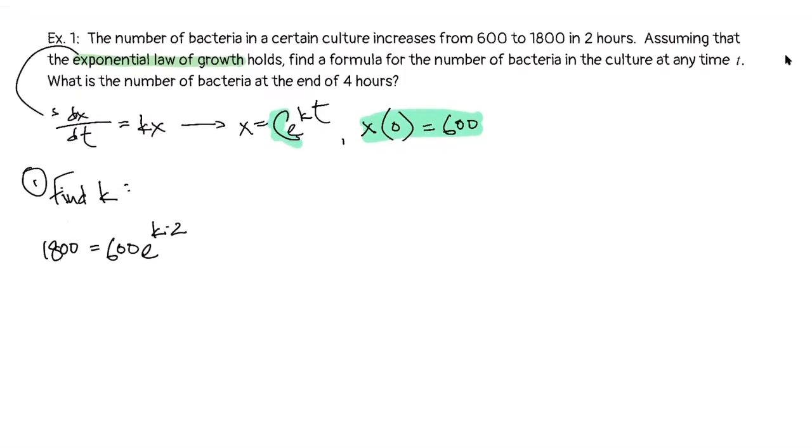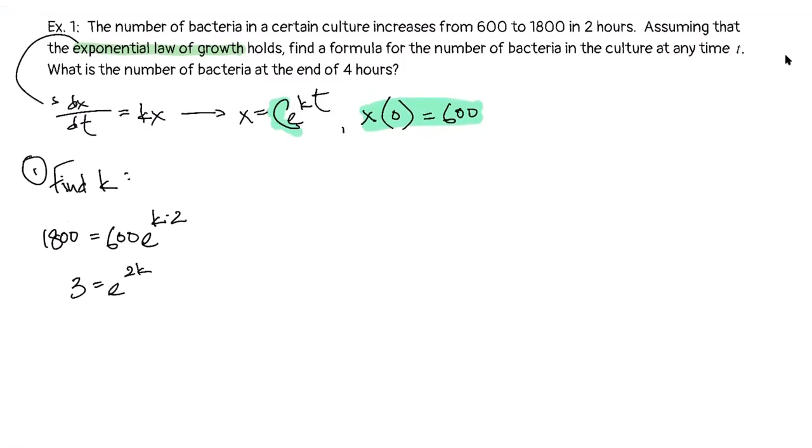Now the only unknown I have is my growth constant. So I'm going to divide both sides by 600. I get 3 equals e to the 2k. And then I'm going to go ahead and solve for k. So I'm going to do that by natural logging both sides. So I get natural log of 3 equals 2k natural log of e.